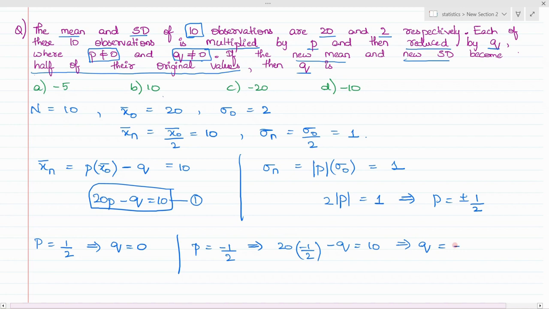So from here, we'll get q as minus 20. So option C is the required answer to this question. So one thing to remember here is, for the new standard deviation, we'll always take the mod value of the constant. So just keep this in mind.